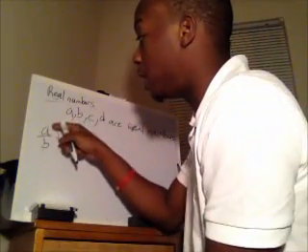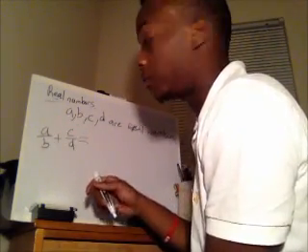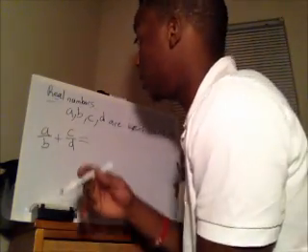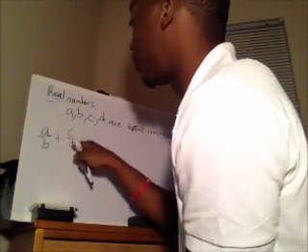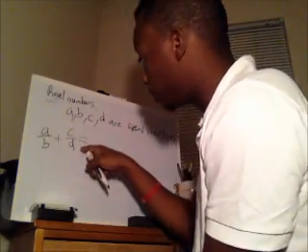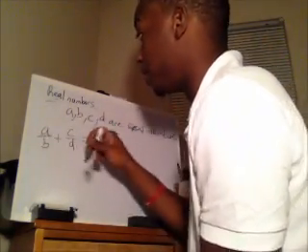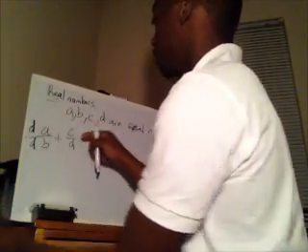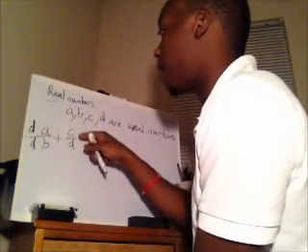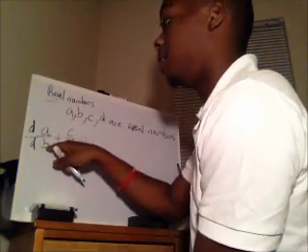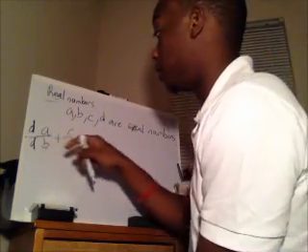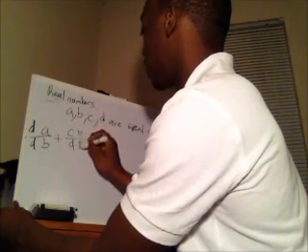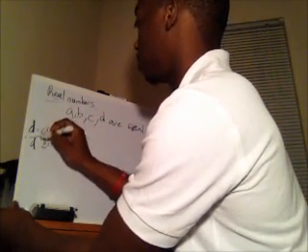So anytime we see one fraction plus another fraction, the simplest way to make sure that they both have the same denominator is to take the first fraction and multiply it in the top and the bottom by this denominator, in other words, D over D. Take this one, multiply it in the top and the bottom by this denominator, so that's B, and multiply it by B down here.